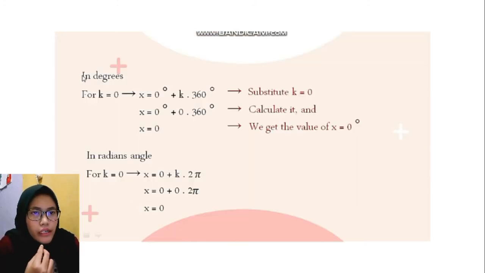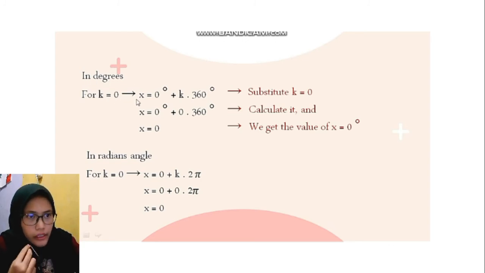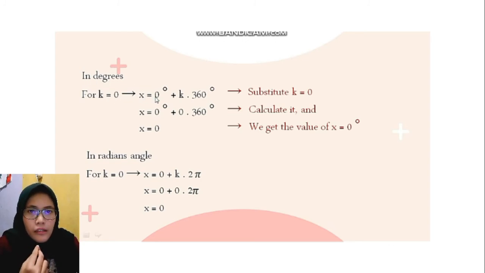In degrees for k equals 0, substitute k equals 0, calculate it, and we get the value of x equals 0 degrees. In radian angles, for k equals 0, in the same way, x equals 0.